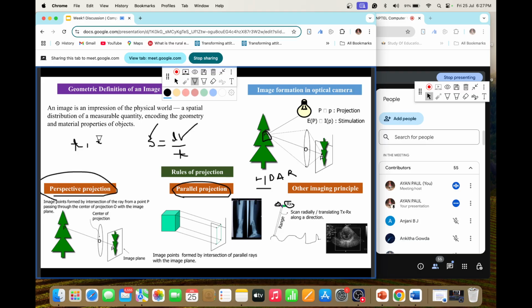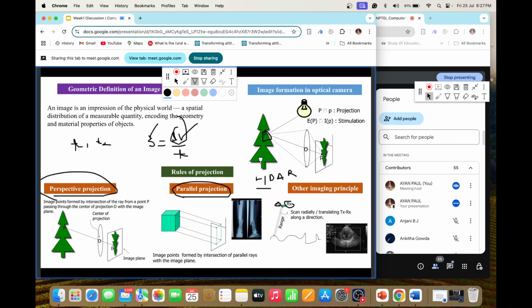So t2 minus t1 gives us the time. Time we know, speed we know, so we can get the distance. That is the principle of LiDAR. We can use that to understand the distance from the point of transmitting or receiving the signal to the surface.